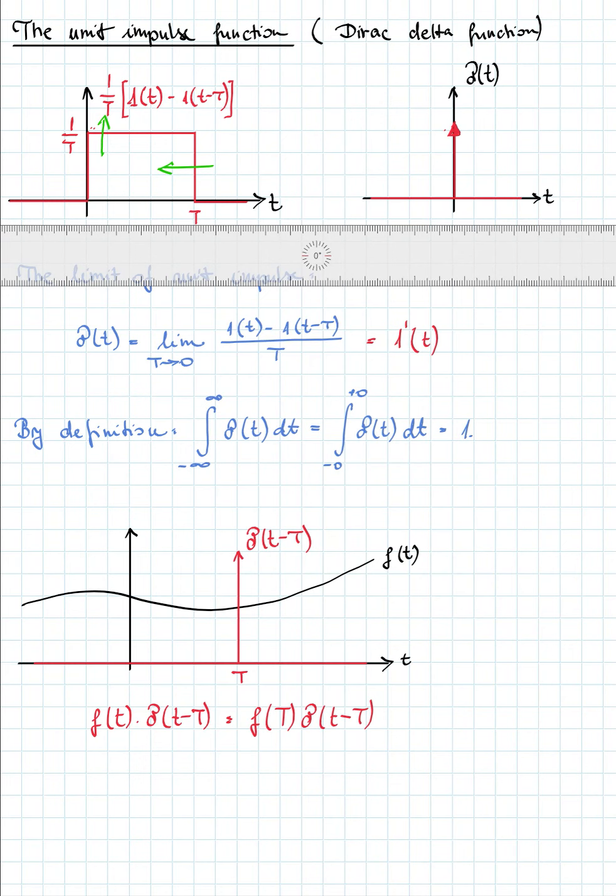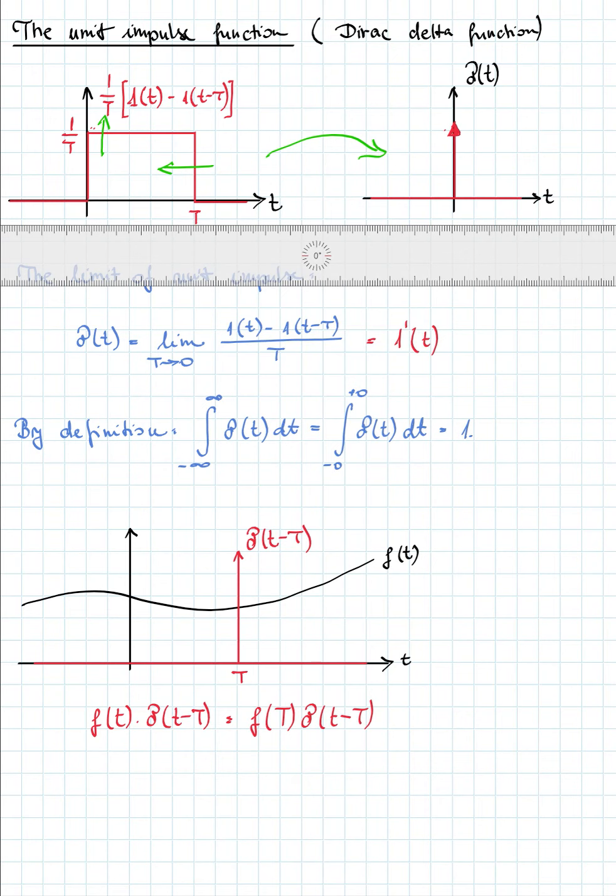But there is a limit as capital T goes closer and closer to 0, and 1 over capital T is increasing and increasing to infinity. This is the limit that we denote by this arrow, and this is the so-called Dirac delta function.